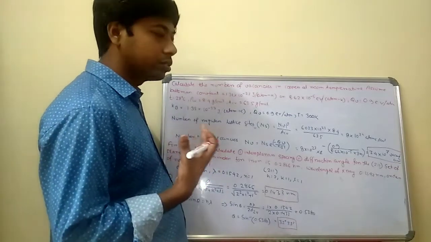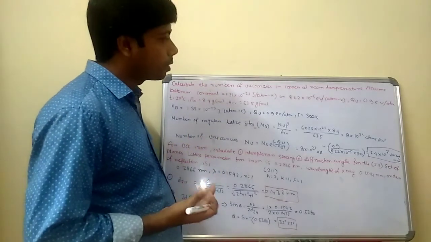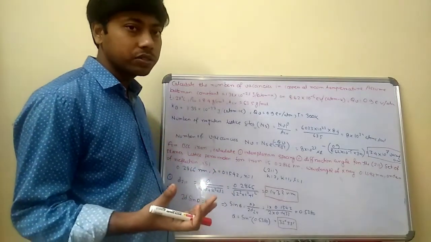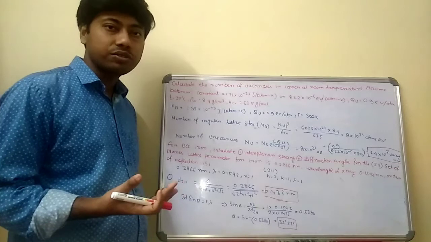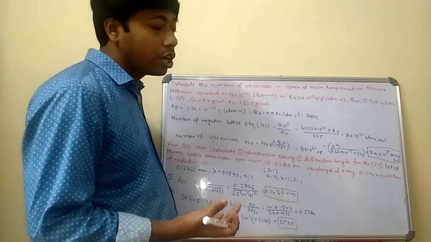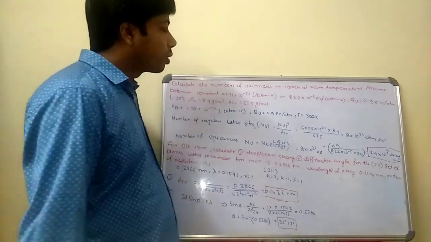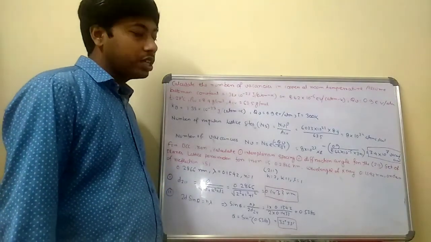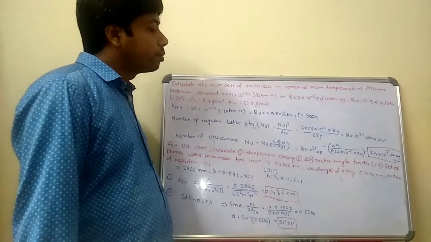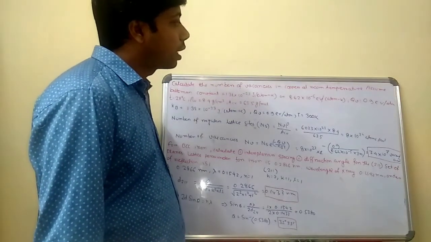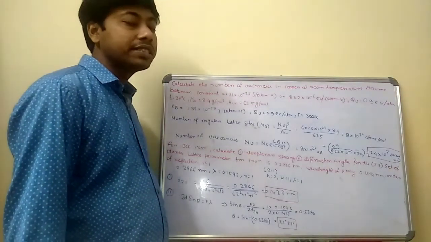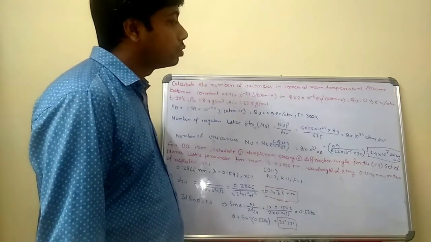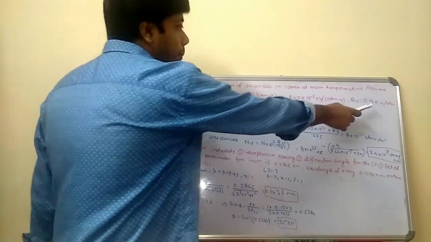Assume Boltzmann's constant KB is 1.38 into 10 to the power minus 23 joule per atom Kelvin, or in electron volt, 8.62 into 10 to the power minus 5 electron volt per atom Kelvin. The activation energy QV is 0.9 electron volt per atom.